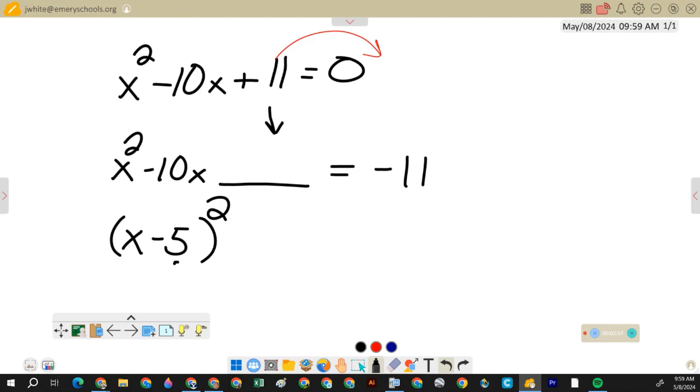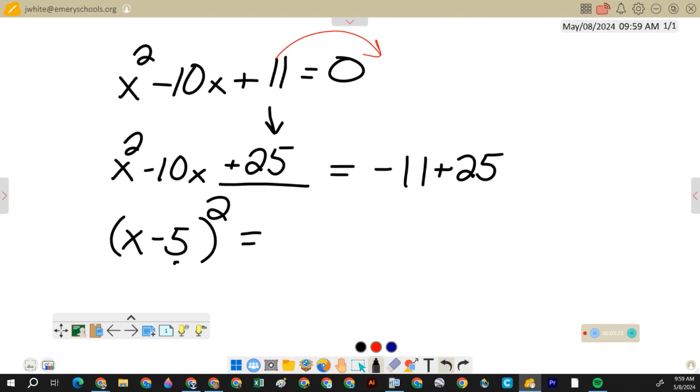A positive 25. So this would be plus 25. Now, am I allowed to just add 25 to one side of the equation? No, I have a balanced equation, and adding 25 to one side makes it unbalanced. However, if I add 25 to the other side, now it's balanced again. So I'm going to put plus 25 over here.